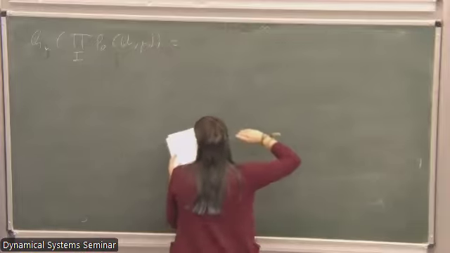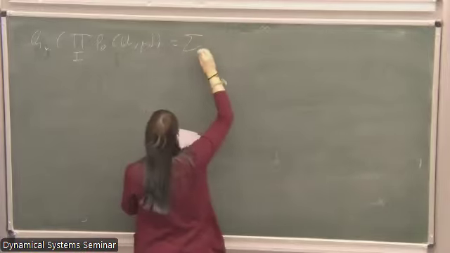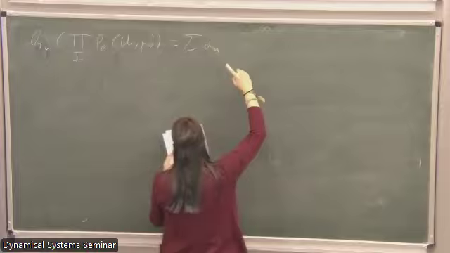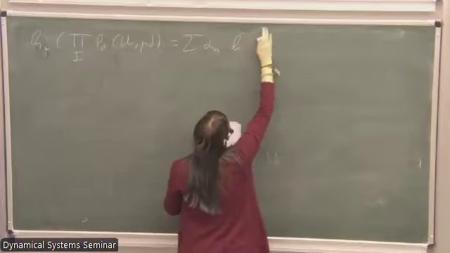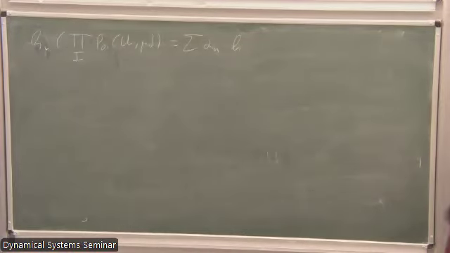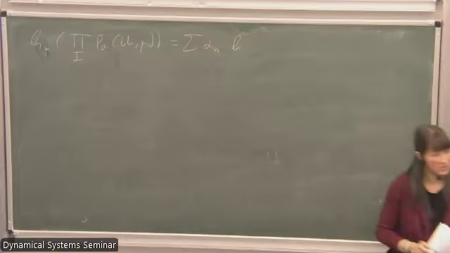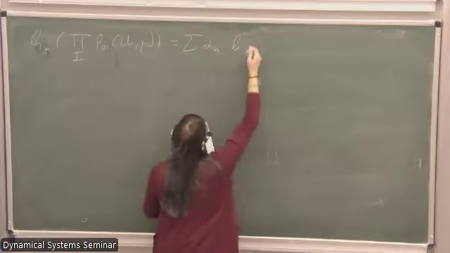This is just the sum over all these alpha n's. Basically I do the same as I did before. I had just a single beta n, and now I have the whole sum of these things.